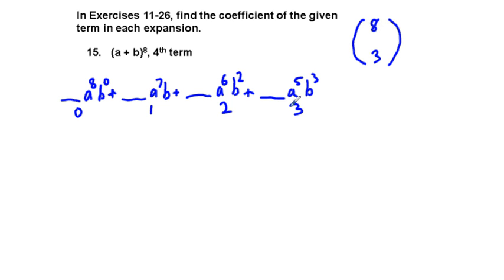So this right here is going to be 56. So we get 56 a to the 5th b cubed, and that's going to end up being a coefficient of 56.